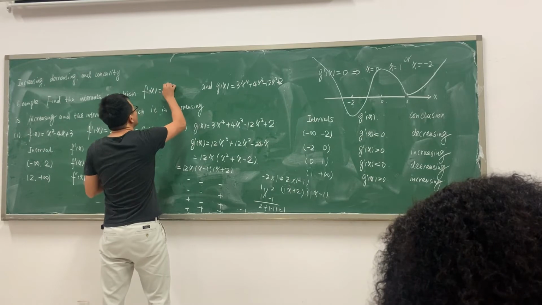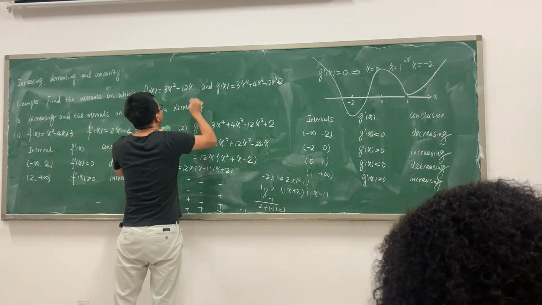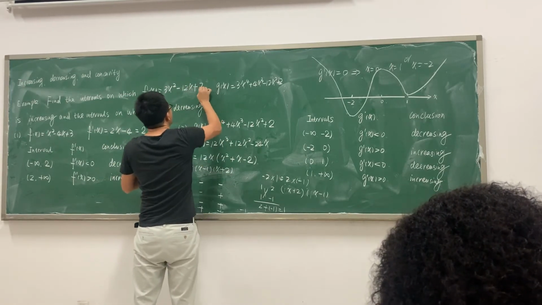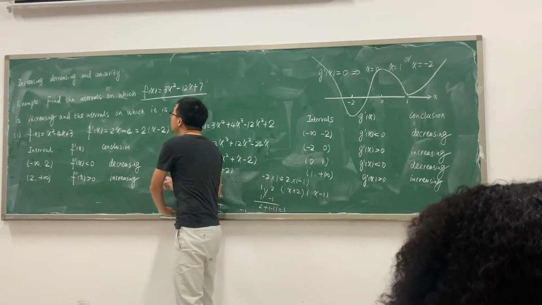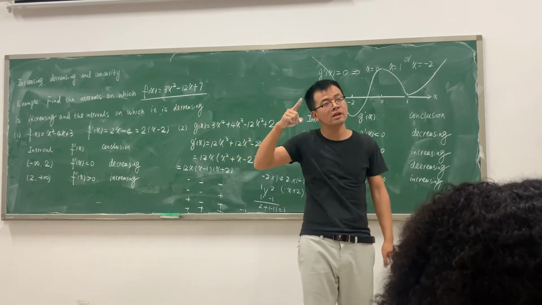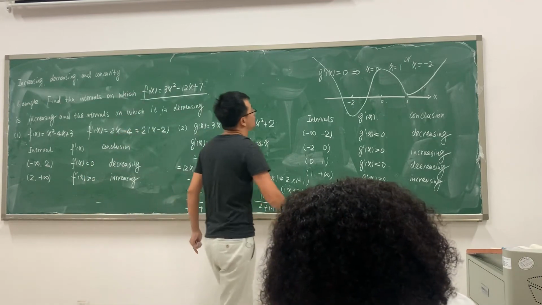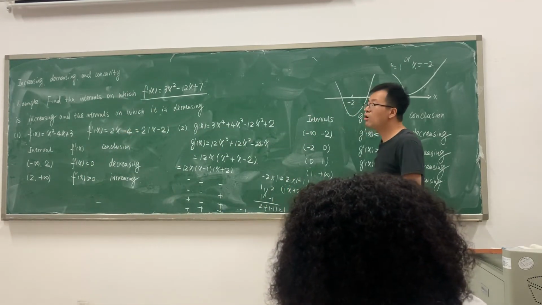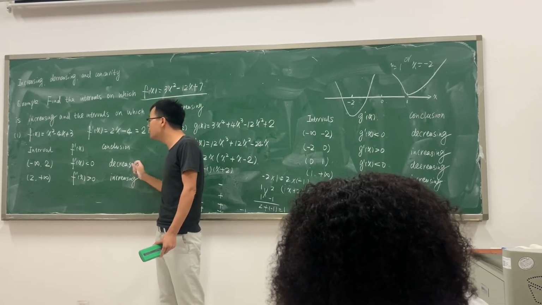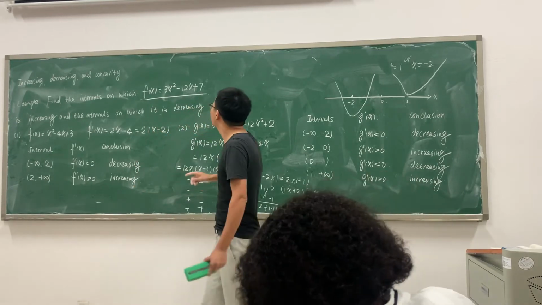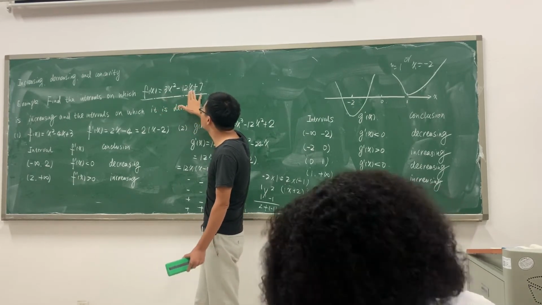For example, f(x) = 3x squared minus 12x plus 7.